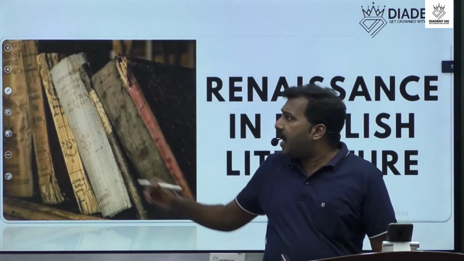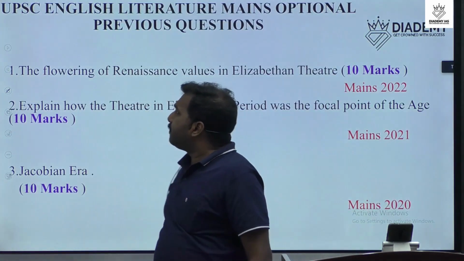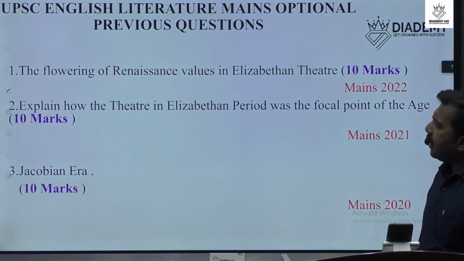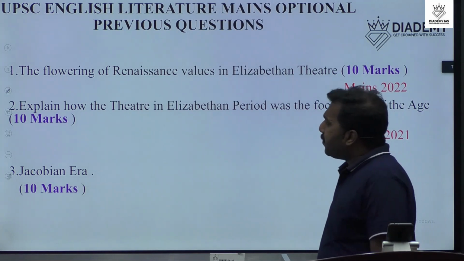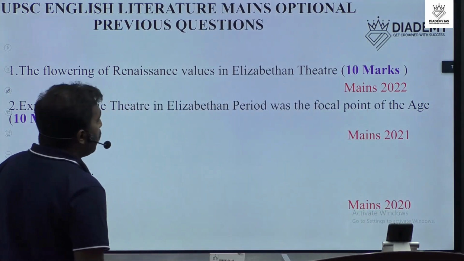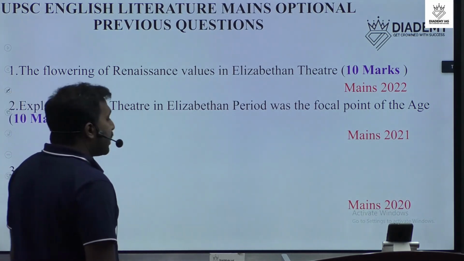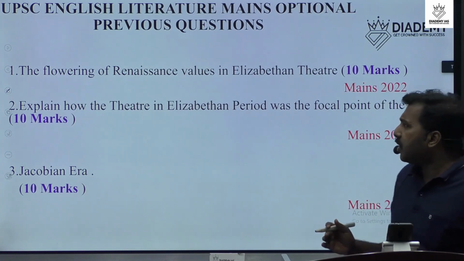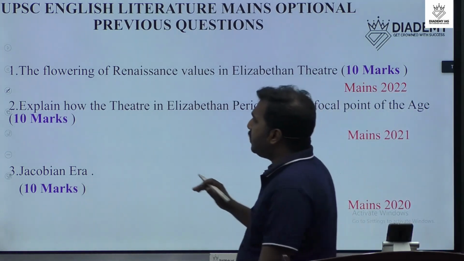Okay, so let's start with the question. We can see the question: the flowering of Renaissance values in Elizabethan theatre; explain how the theatre in the Elizabethan period was the focal point of the age; then the Jacobean era. So these are based on previous UPSC question papers.